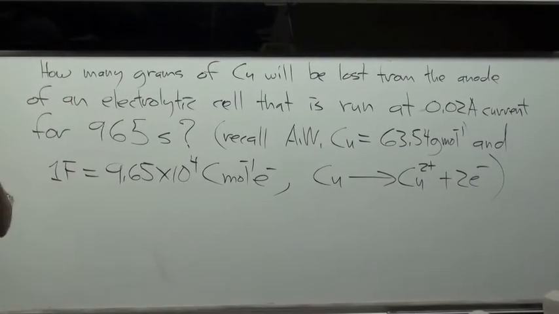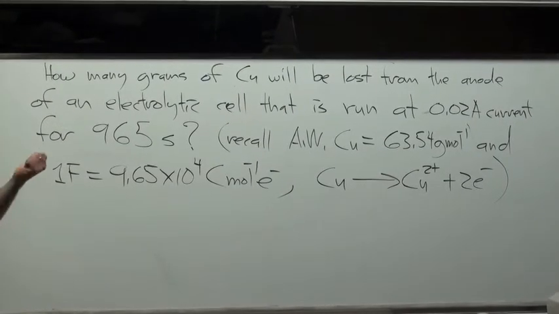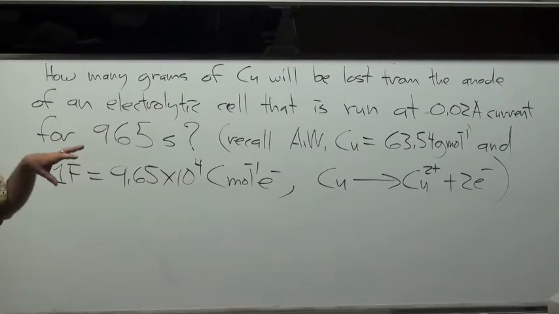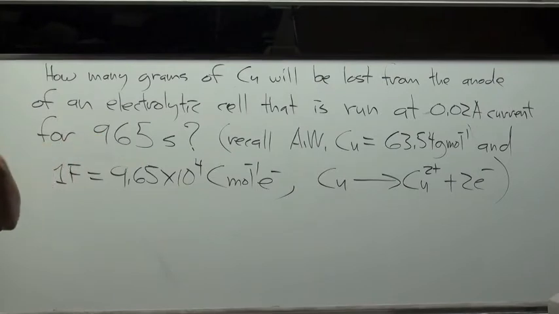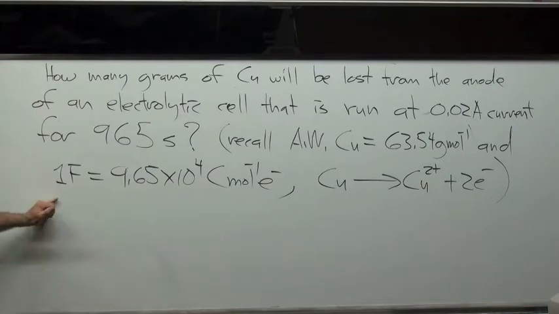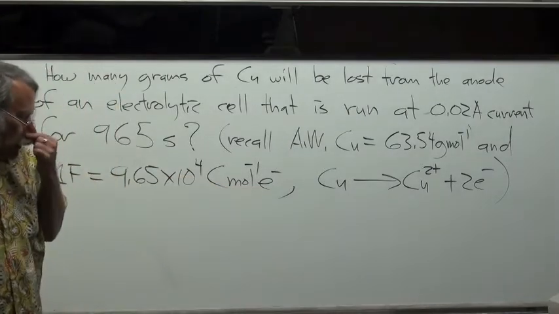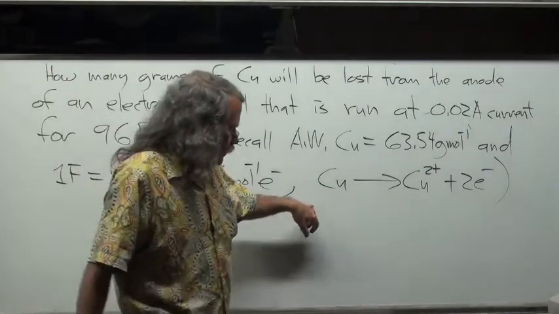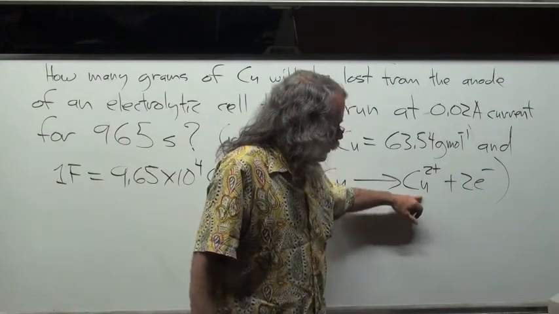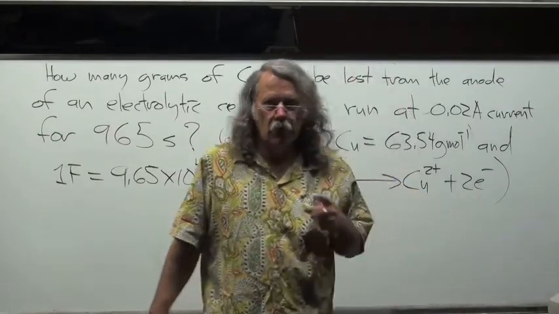How many grams of copper will be lost from the anode of an electrolytic cell that is run at 0.02 amps current for 965 seconds? Recall that the atomic weight of copper is 63.54 grams per mole, and 1 Faraday is equal to 9.65 times 10 to the 4th coulombs per mole of electrons, and that copper is oxidized to copper 2 plus, 2 electrons.